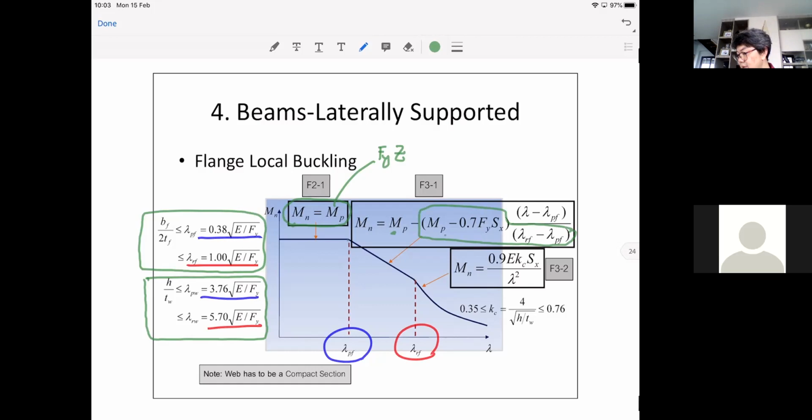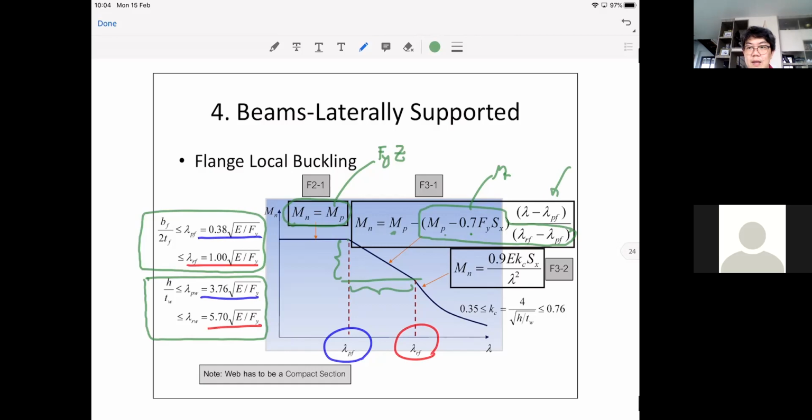Mp is the height, and this is your Mr, 0.7 Fy Sx, that's your Mr. So this term is this, you see? And then lambda rf minus lambda pf, it's this term. So that's the slope. And then this is just your x value, right? Lambda minus lambda p. So ladies and gentlemen, please look at the formula.